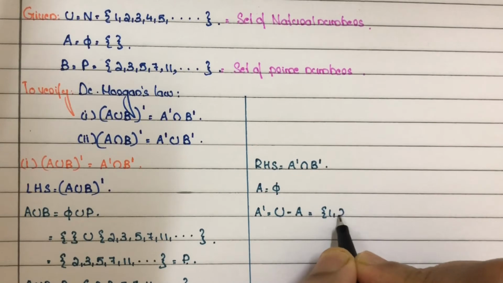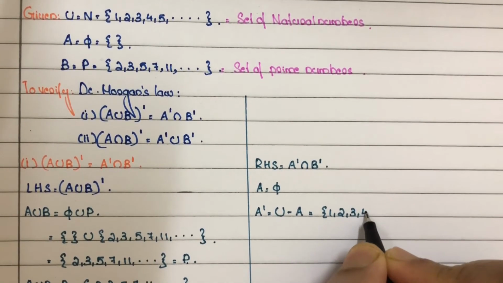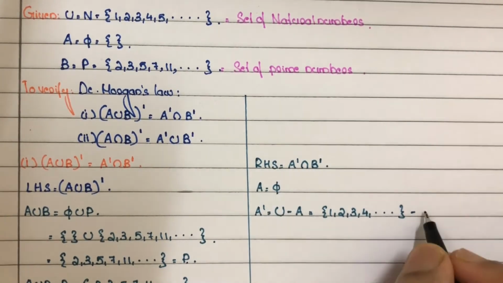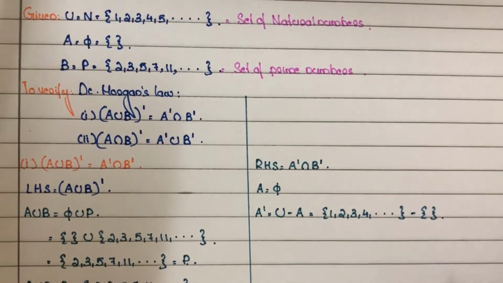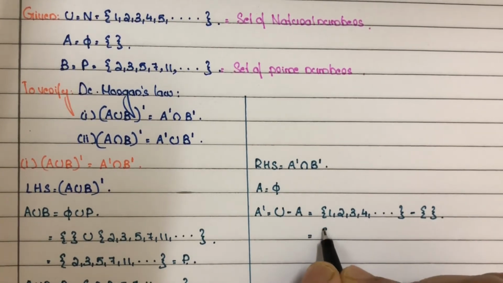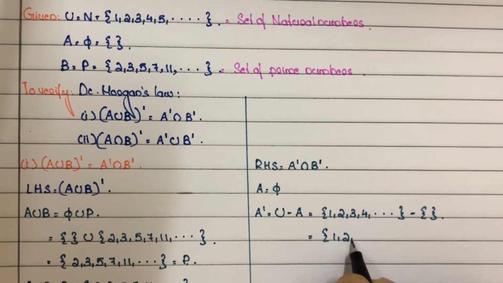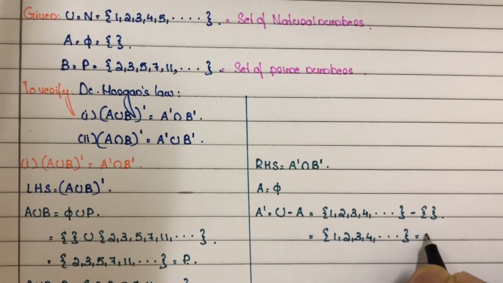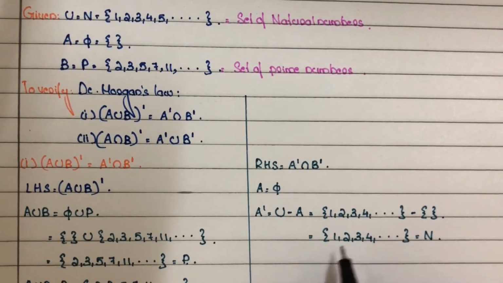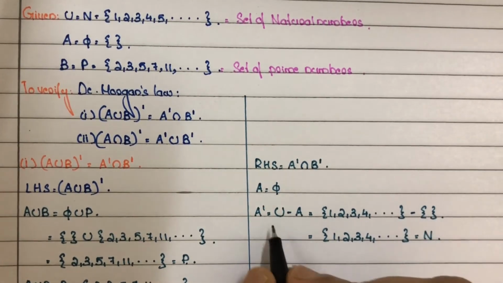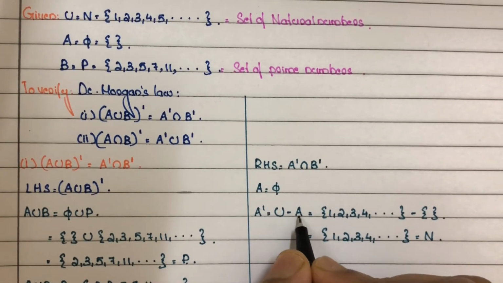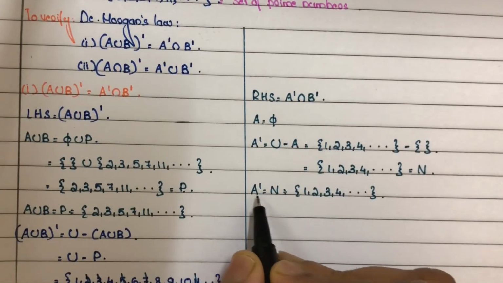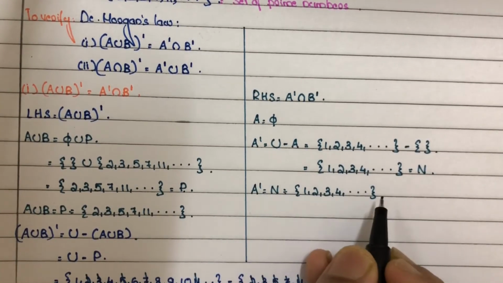That is 1, 2, 3, 4, etc. minus A. A is 5 or null set. So this is equal to 1, 2, 3, 4, etc., means set of natural numbers, because here there are no elements. So A complement equal to U minus A is equal to N, set of natural numbers.